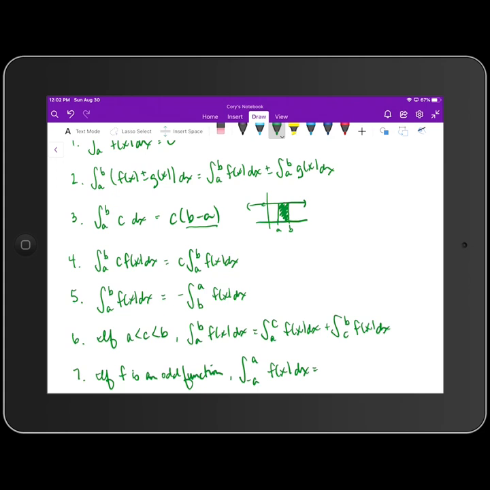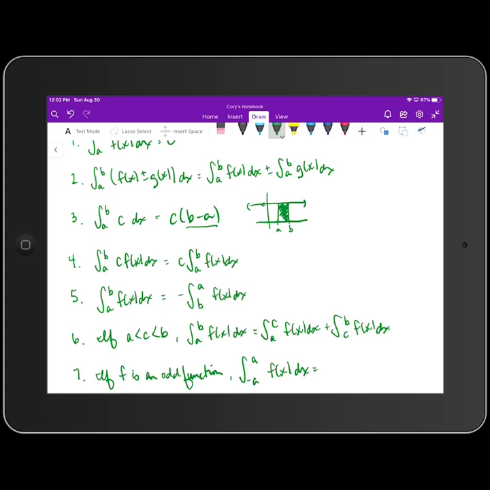Okay, property 5. If we have the integral from a to b of f of x, which we're integrating with respect to x, we can switch the limits of integration. Typically when we integrate, we want the lower limit of integration to be the smaller number and the larger value to be the upper limit of integration.